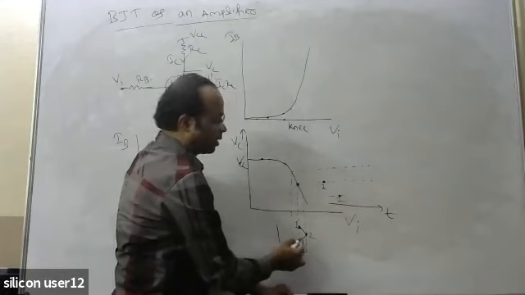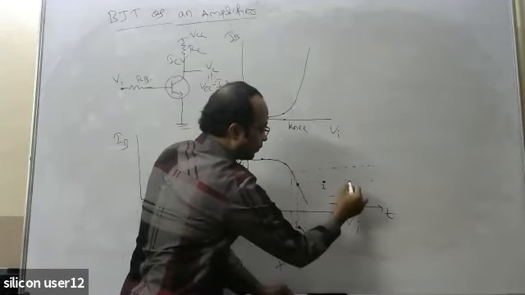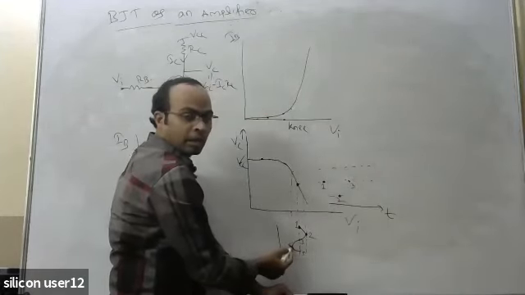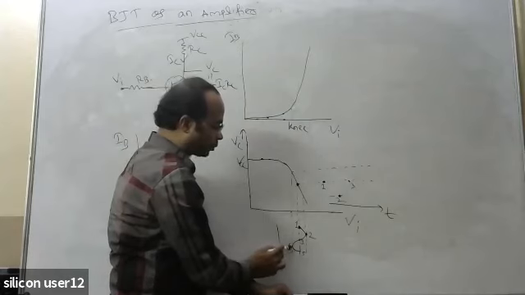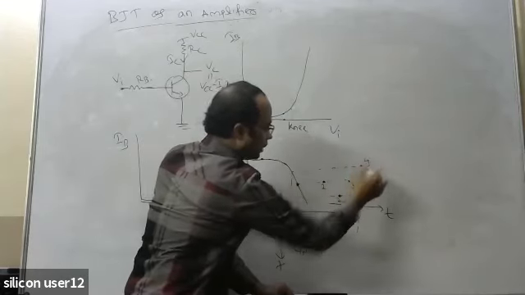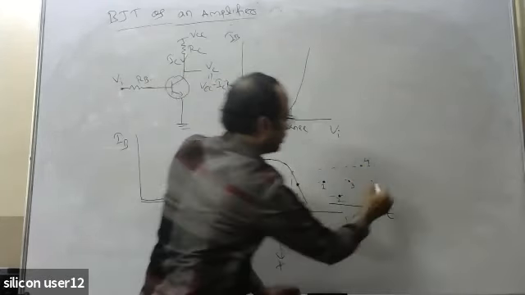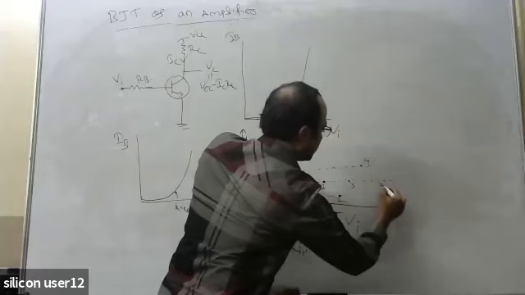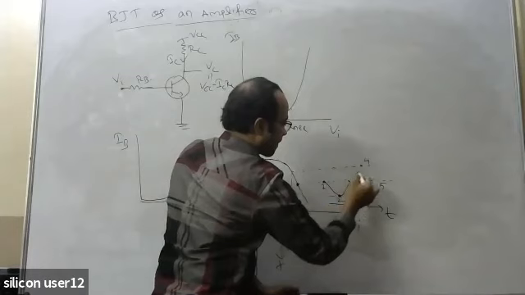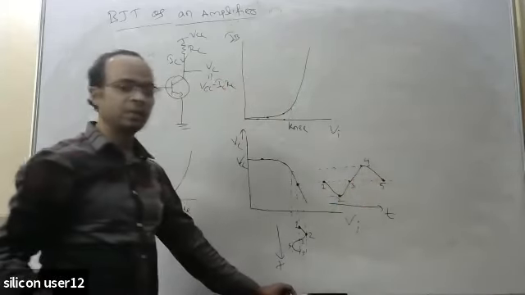For 3, the corresponding output will be here. For position 4, the corresponding output will be here, and again for 5, the corresponding output will be here. So if you join them, this is the output signal you are getting.